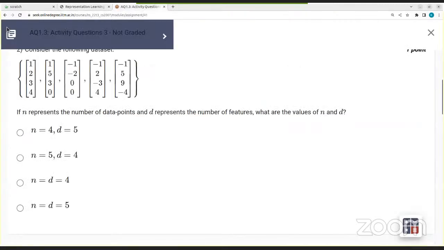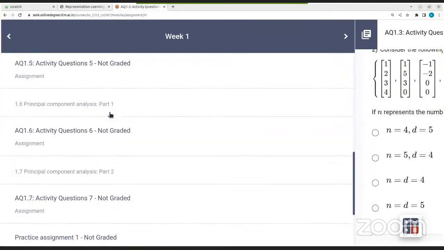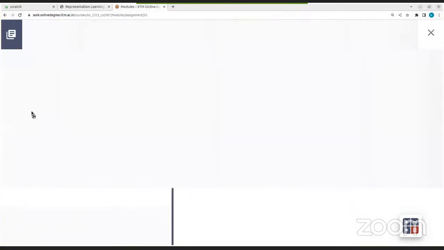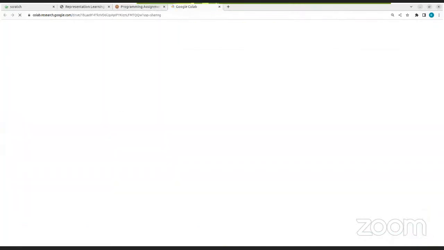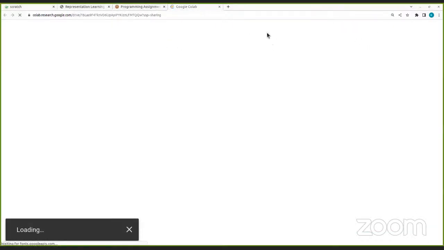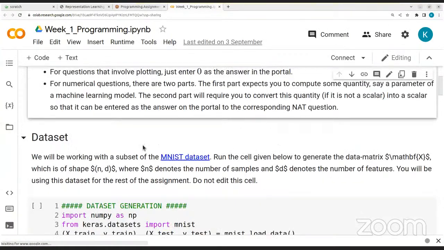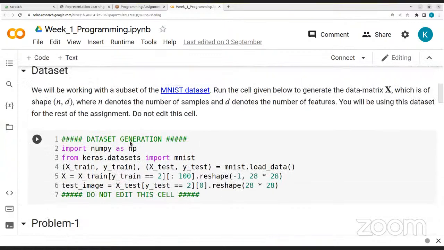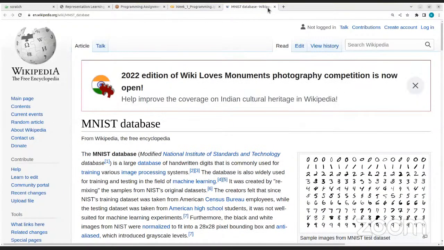You must make sure that you are using your online degree ID. If you just click on it, it should open by default. This is opening, but inside this there is a link. What link? This MNIST dataset. It is also working, right? That's just a Wikipedia link.